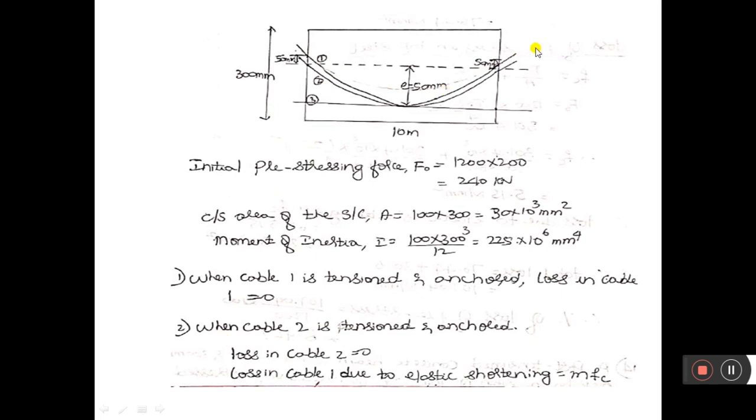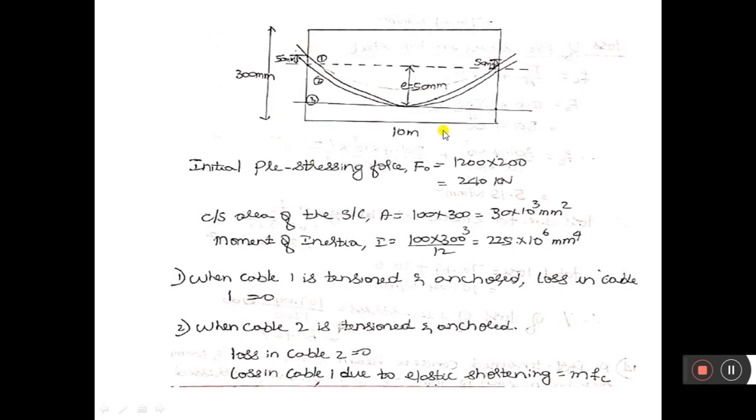Now coming to the second cable, when cable 2 is pulled, the loss in cable 2 is 0 and the loss in cable 1 has some value. The loss in cable 2 is 0, and the loss in cable 1 due to elastic shortening is equal to M into Fc. M is given, it is the modular ratio 6, and Fc is the compressive stress in concrete.